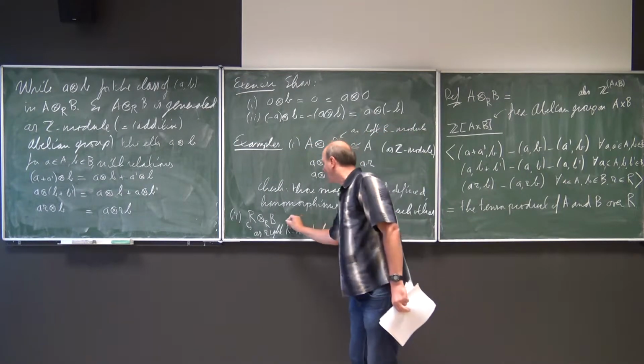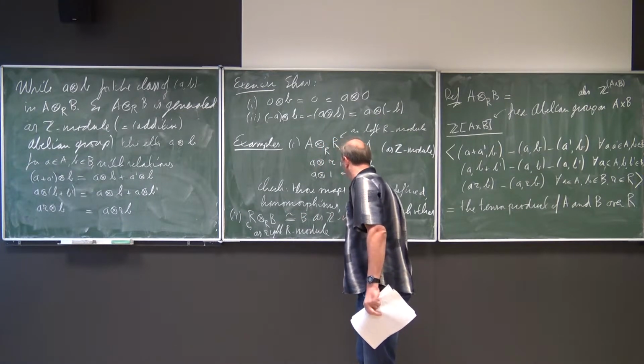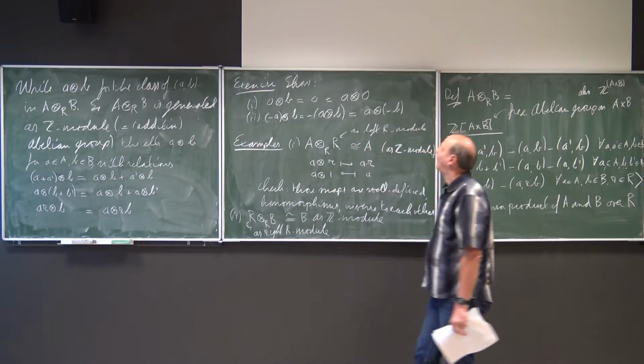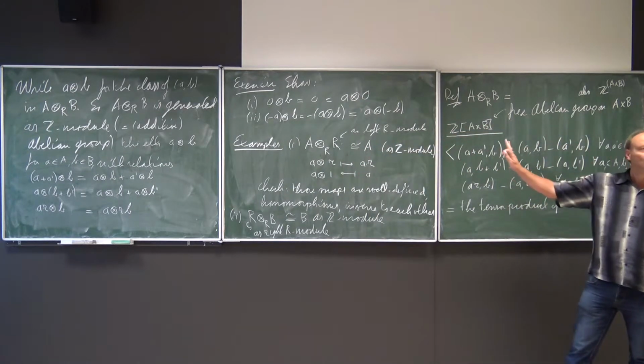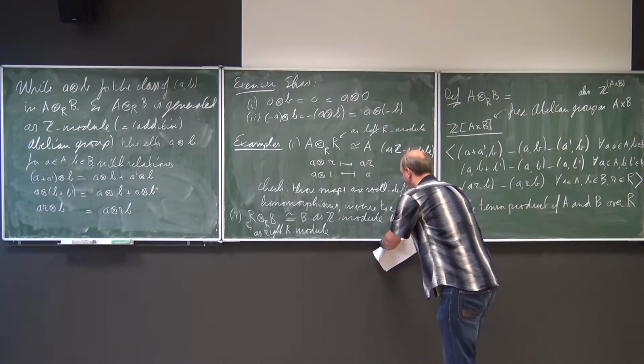And well, this will be isomorphic to B as Z module. And well, so also by multiplying out, so let me just say by similar maps.